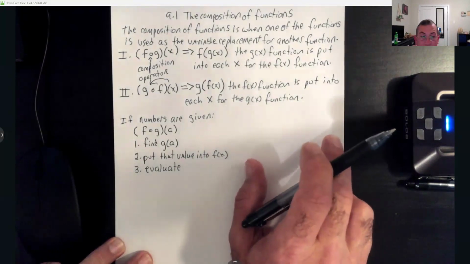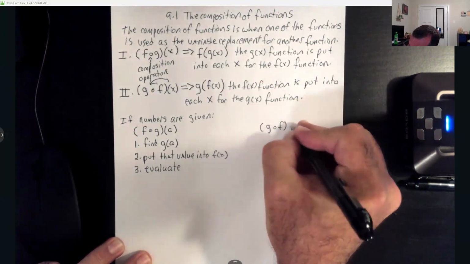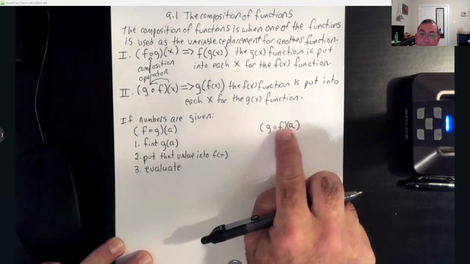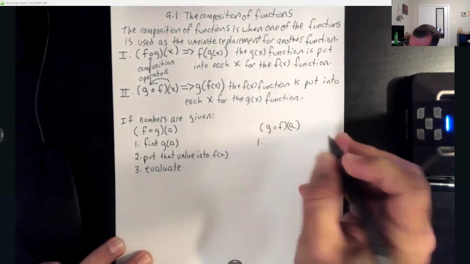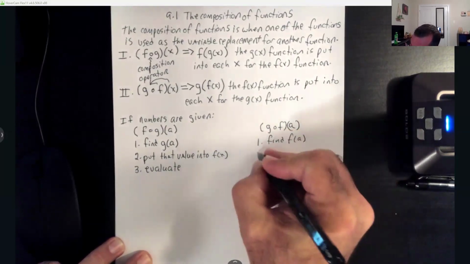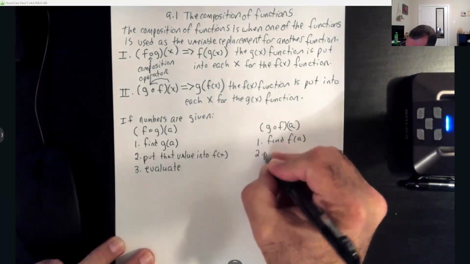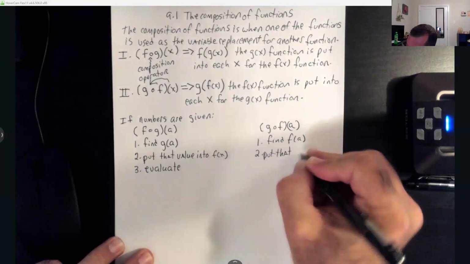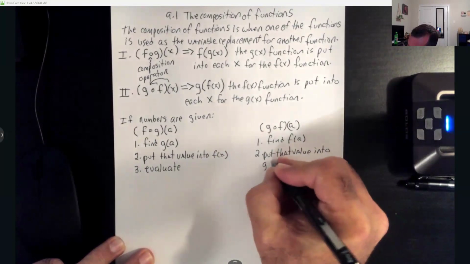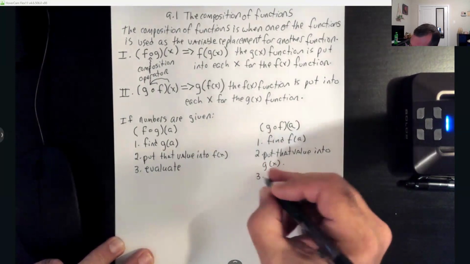And y'all, of course, G of F of A, G compose F of A. Same thing, except you're going for the F first. Okay, so in this case, we would find F of A first. We would put that value into our G of X. And then evaluate and see what we get.